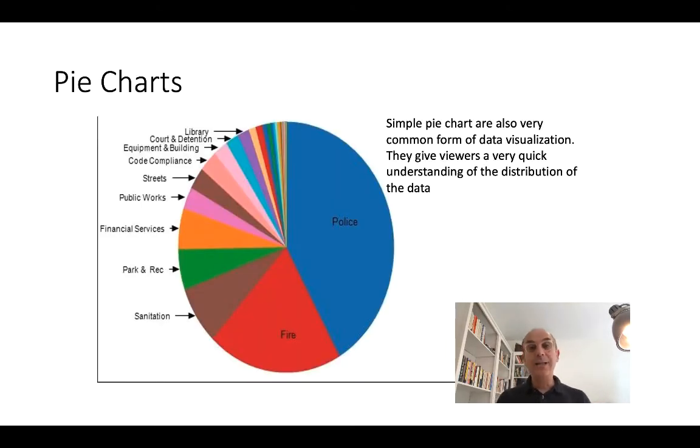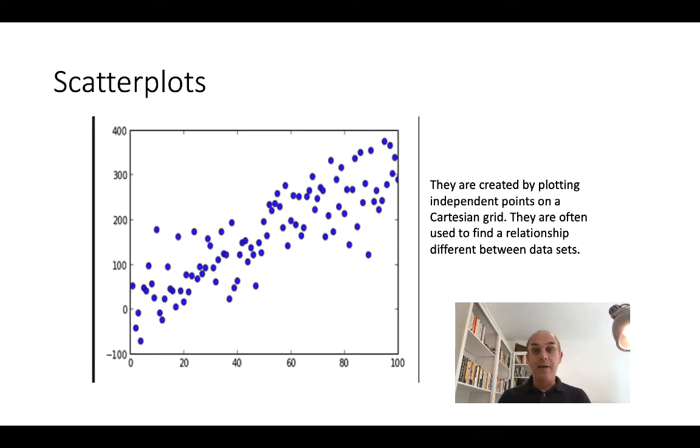A pie chart is also a very common visualization platform, and it's really easy to understand the data. In this example, how much money is spent on the police compared to libraries, parks and recreation, streets, and other components. All of that is quite easy to understand.